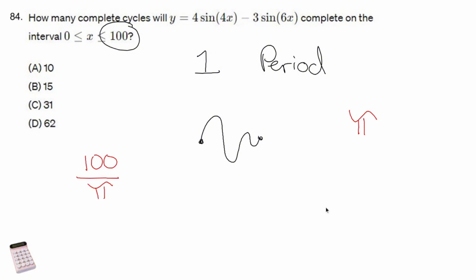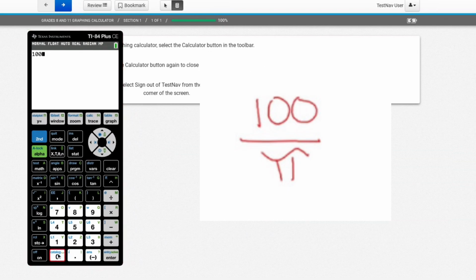So let's just make believe that I get some number like 9.99. Did I complete a 10th cycle? No. So the answer is just going to be 9. That's not what's going on, but let's make believe so I can go back to my calculator and see what happens. All right, so 100 divided by, that is not the button I wanted to hit.